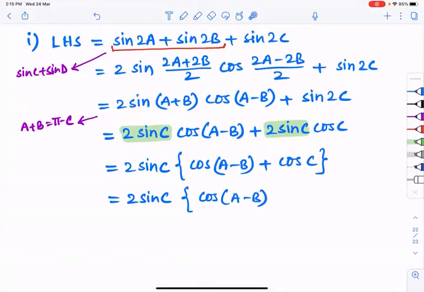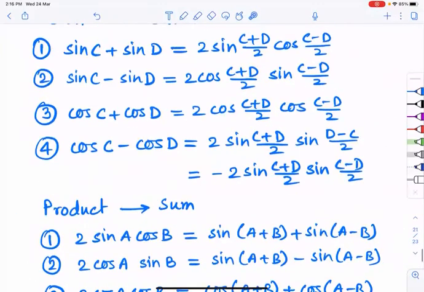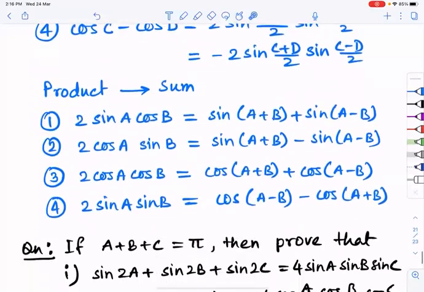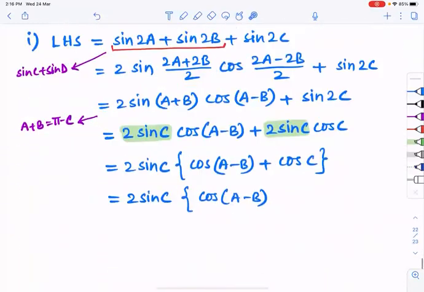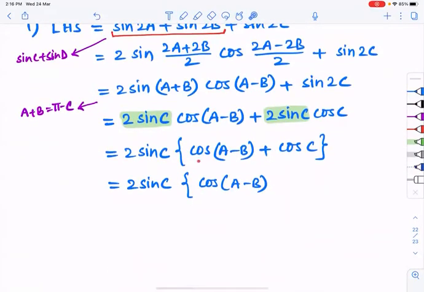What you can apply here, it is like cos of one angle plus cos of another angle. It looks like we can apply this concept, this formula, cos of one angle plus cos of another. Sum to product can be used. We can do that directly. You can use that, but I am not using that here.